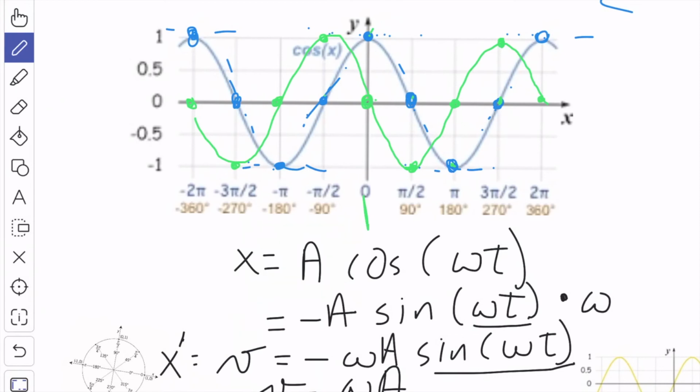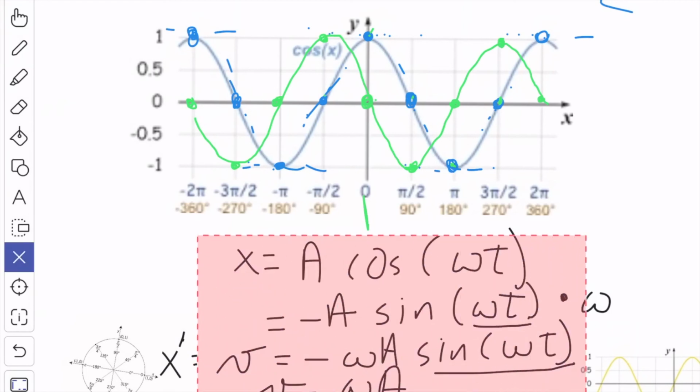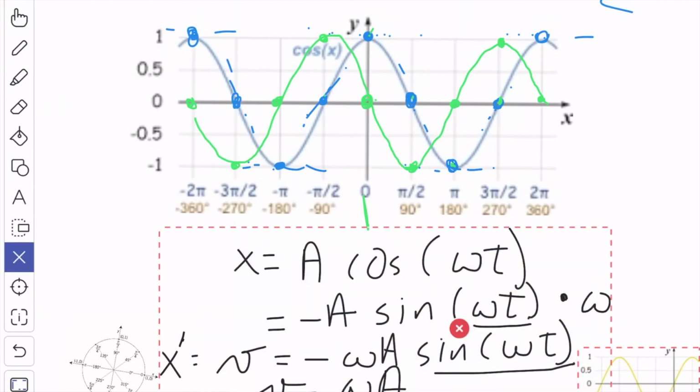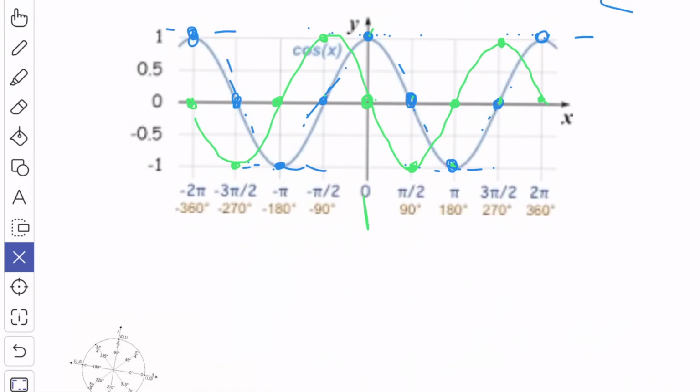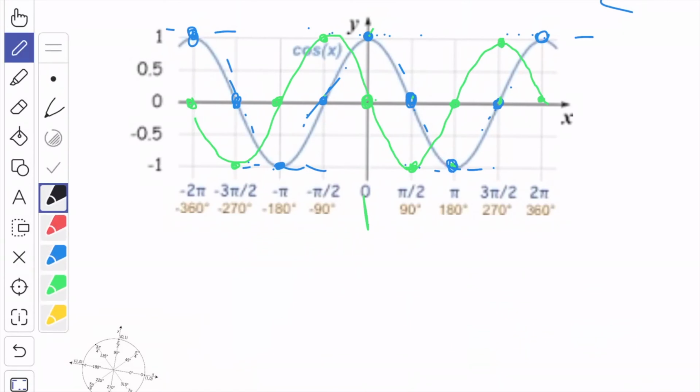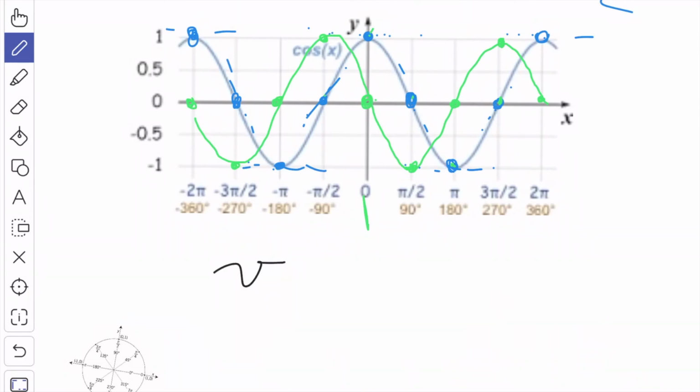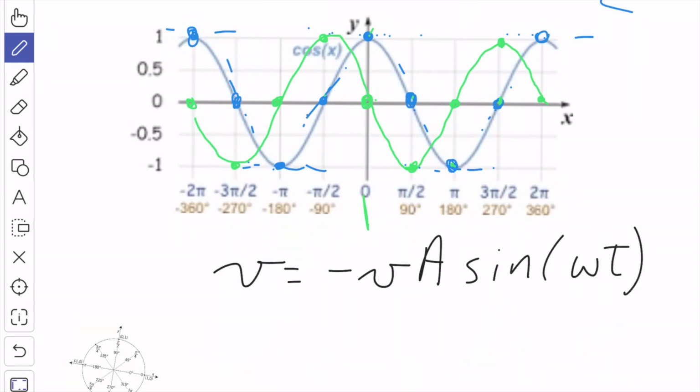Now let's take a look again. So we left off with v equals negative omega a sine of omega t.